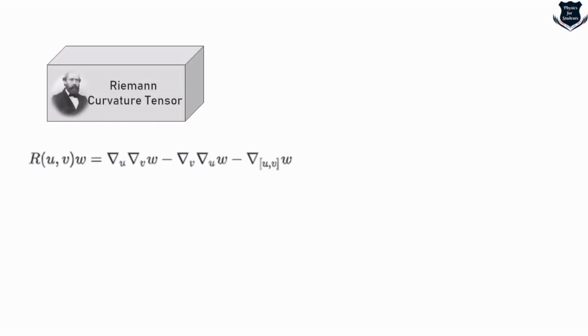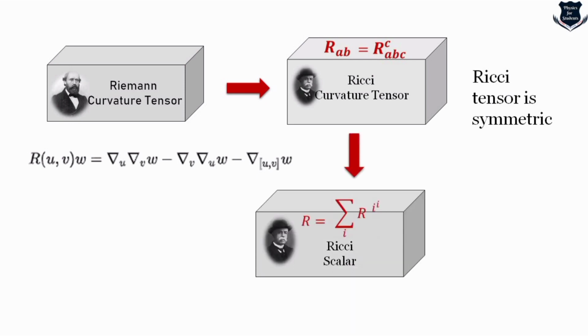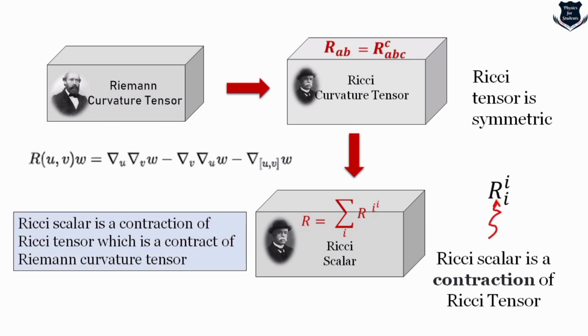Here we want to show you something, although we will explain it later. We start actually with the Riemann curvature tensor, which is explained here, and then we go to the Ricci curvature tensor. Remember, the Ricci curvature tensor is also symmetric. Then we come to the Ricci scalar. The Ricci scalar is a contraction of the Ricci tensor, which is a contraction of the Riemann curvature tensor.